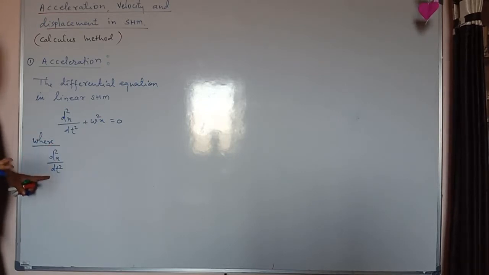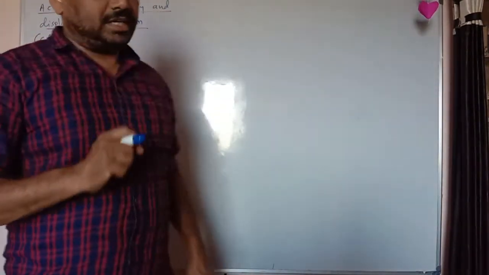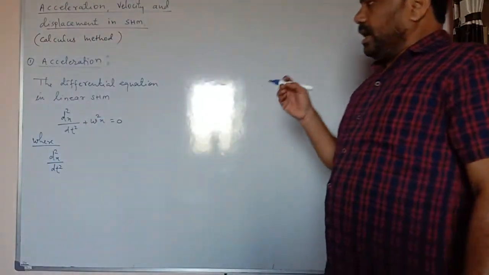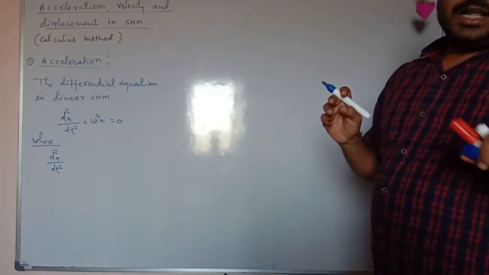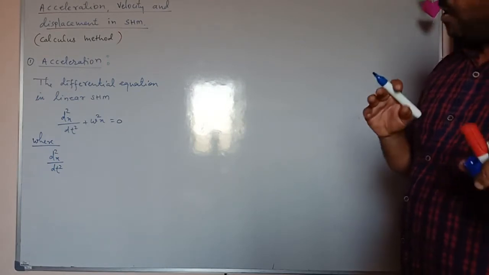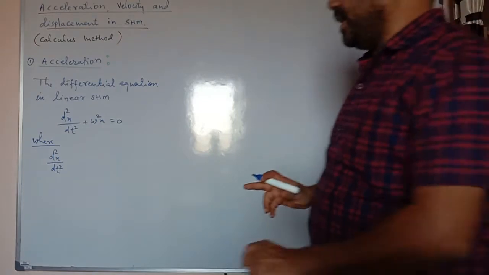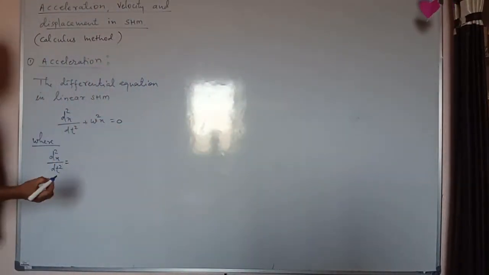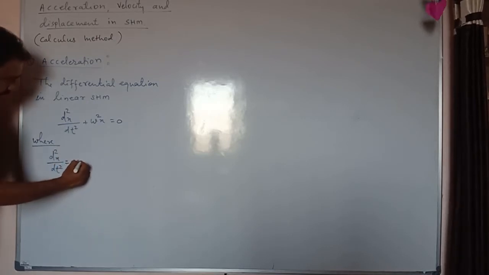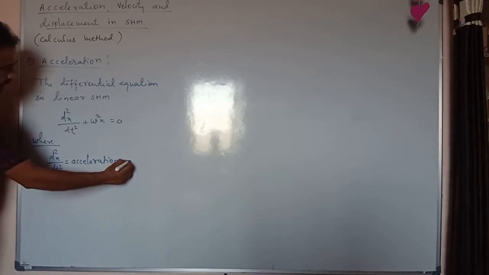X stands for displacement, obviously. So the double derivative of displacement is called acceleration. Acceleration can be defined as the single derivative of velocity, or the double derivative of displacement with respect to time. So this term, d square x upon dt square, is the double derivative of displacement, and it is the acceleration of the particle.